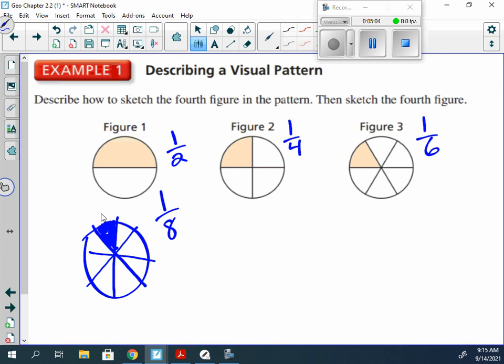And that's it. Because we saw the pattern. It's going a half, a fourth, a sixth, so we would say an eighth. And that's it. That is inductive reasoning. We're looking at what's given, seeing the pattern, and continuing it. We used inductive reasoning.